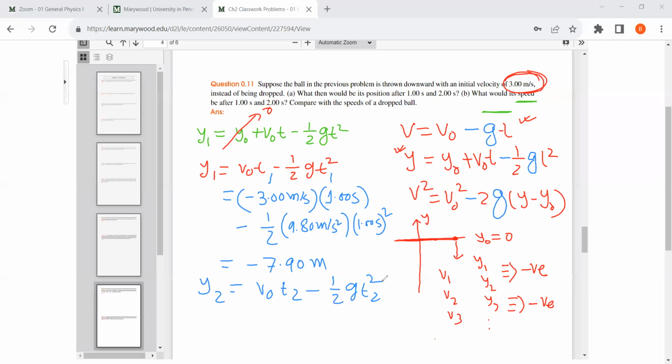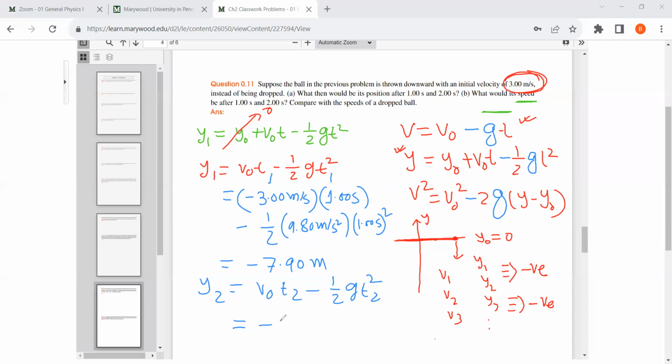If you plug in the values, v0 equal to minus 3, t2 equal to 2 seconds, gravitational acceleration 9.80 meters per second square, and t2 again 2 seconds, then you should get something like this.